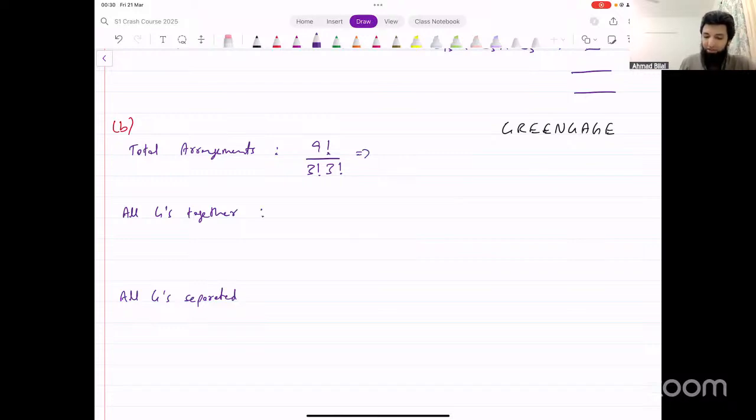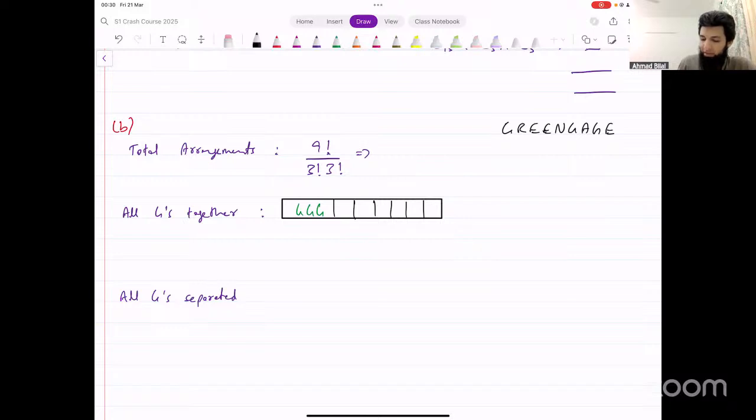All G's together, we put all G's in a single box. So we have 9 boxes in total initially, right? If we want all G's together, we merge 3 boxes, put 3 G's in this single box. In how many ways can we arrange this now?